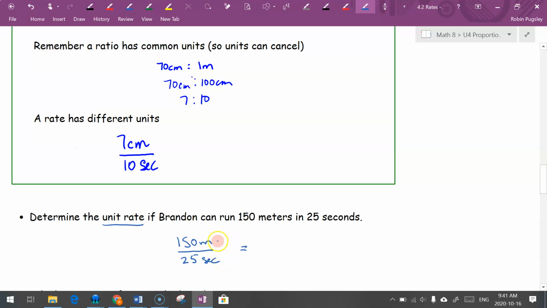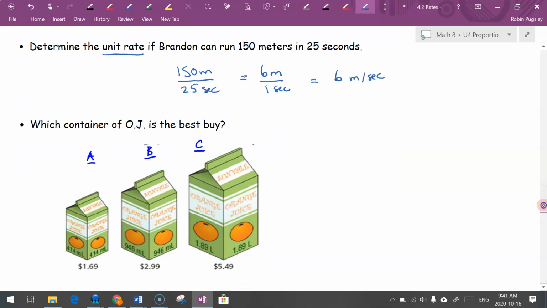So whatever I do to the bottom, I do to the top. So I'm going to divide 150 by 25, and I'm going to get 6 meters. And I'm going to divide the bottom by 25 and get 1 second. Or in other words, I can write his speed as 6 meters per second.